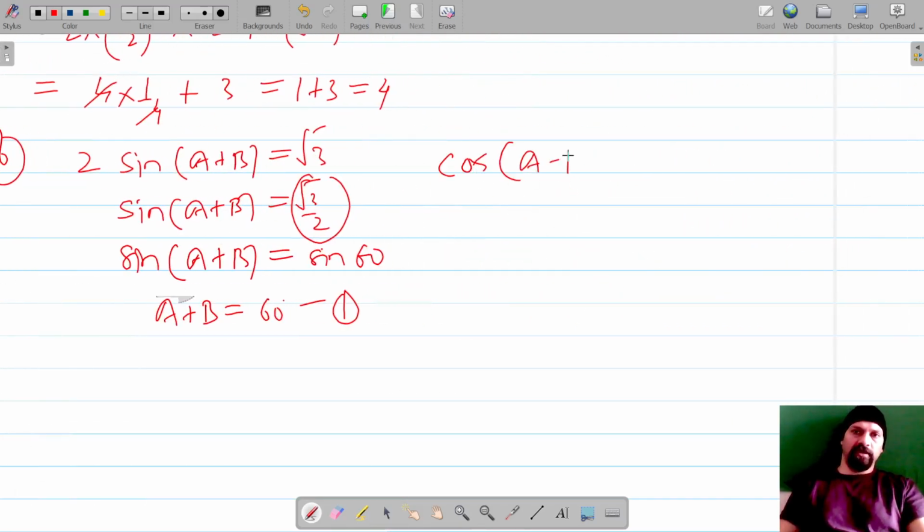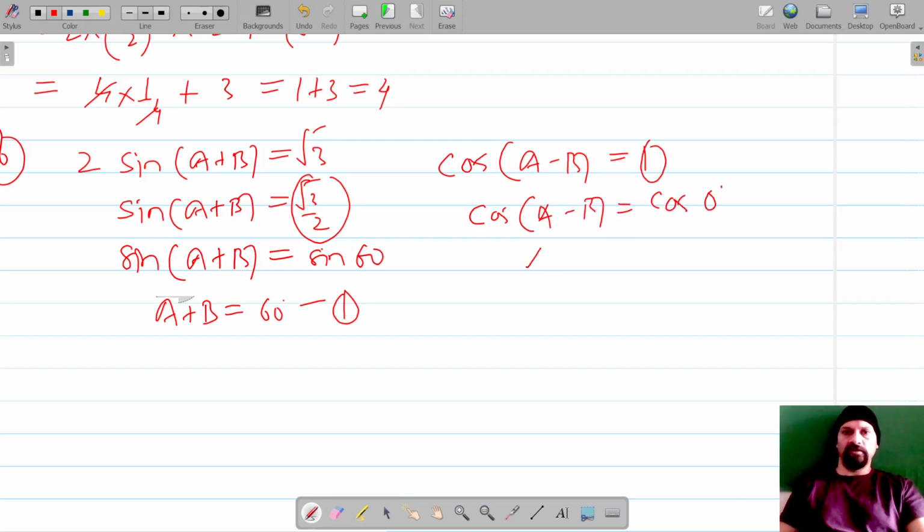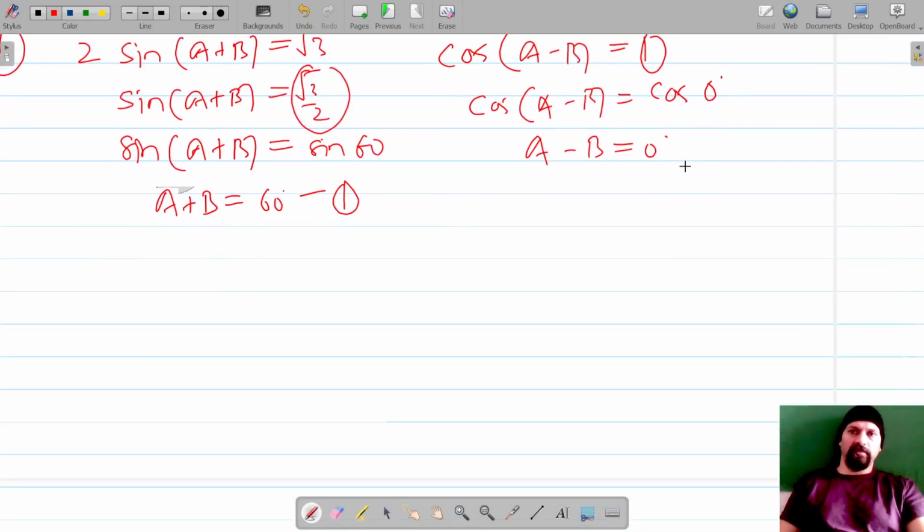So cos of A minus B is equal to 1, and we know that the angle for which the value of cos is 1 is 0. So instead of 1, I can write cos 0, which gives me A minus B is equal to 0 degree. So we have these two equations, and I'm going to solve them. A minus B is equal to 0, this is the second equation.